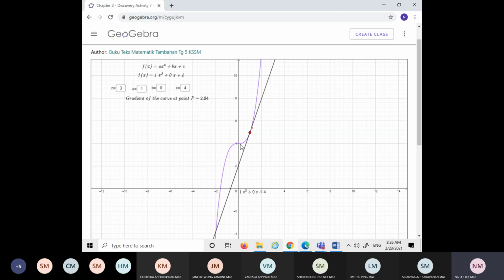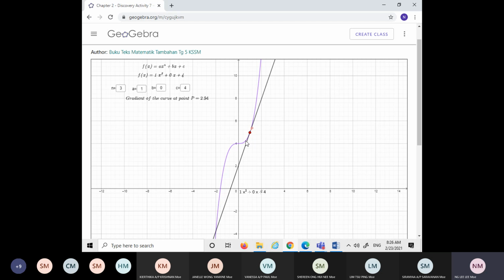This is not a maximum point and not a minimum point. Therefore, this kind of point we call a point of inflection. This is a stationary point, but this is not a turning point, meaning not a maximum or minimum point.